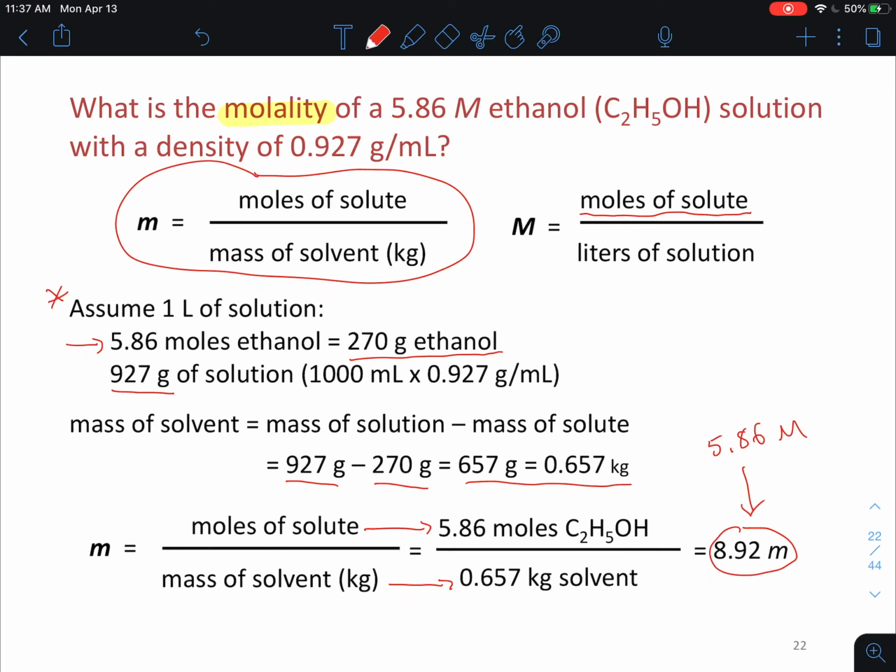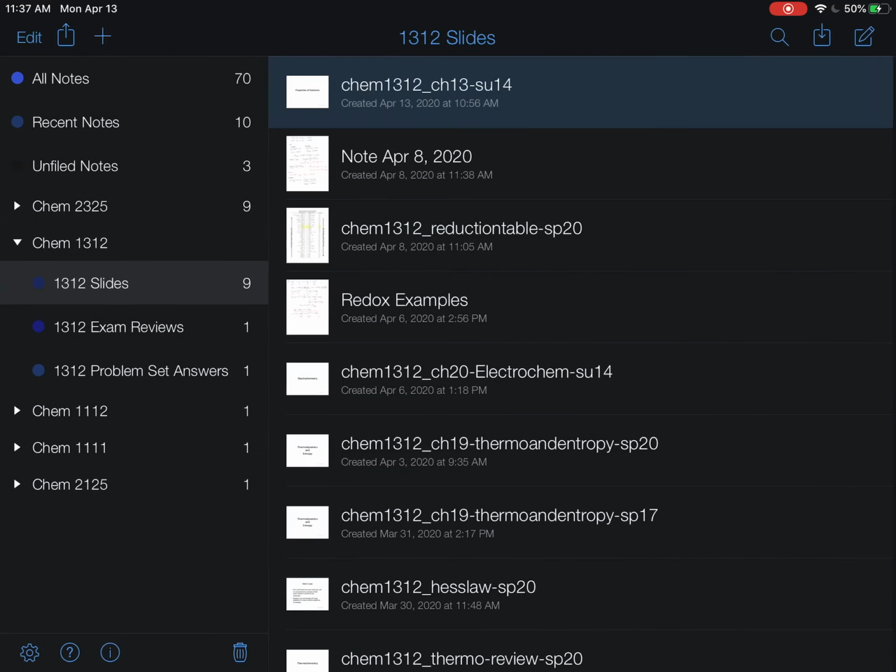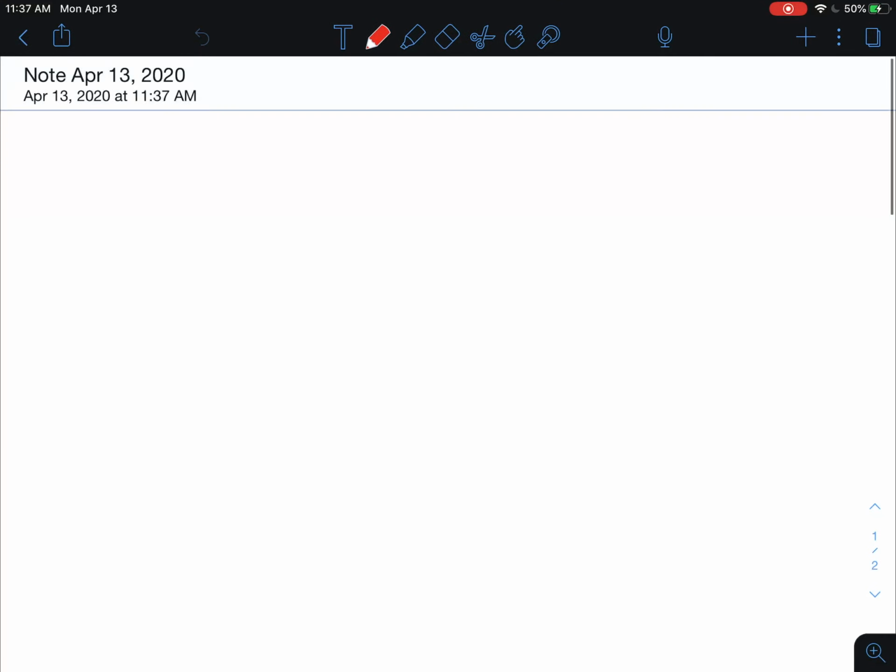All right, so I think it makes more sense to look at that way rather than on the flow chart, but let's do one more just to make sure it's making okay sense. Let me jump out of here real quick. Okay, so let me give you some information.